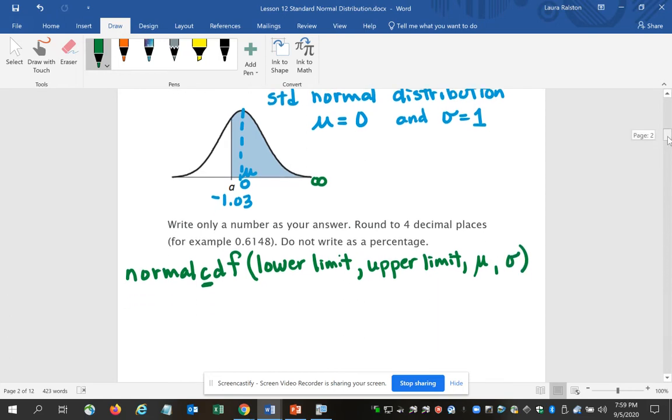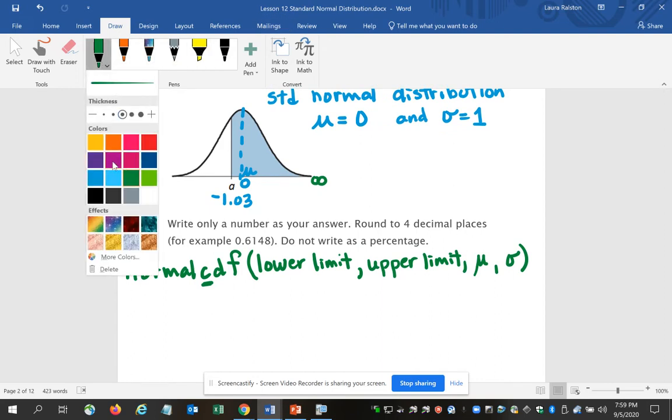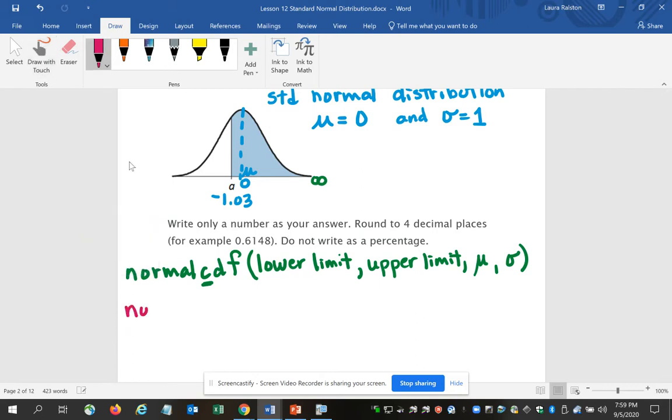So for this problem, which again doesn't specifically state that it's a standard normal, but assuming it's in that section, we're going to type normal CDF. We would enter negative 1.03 to positive infinity.